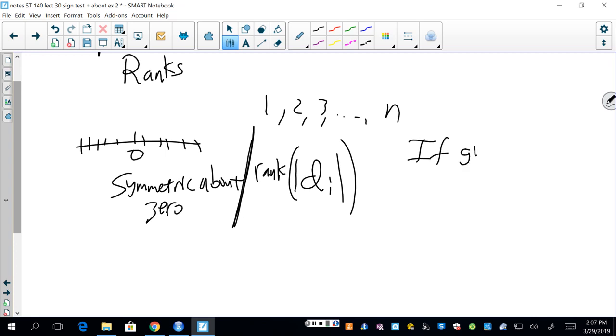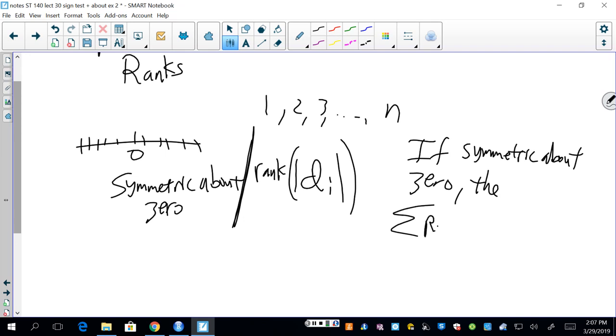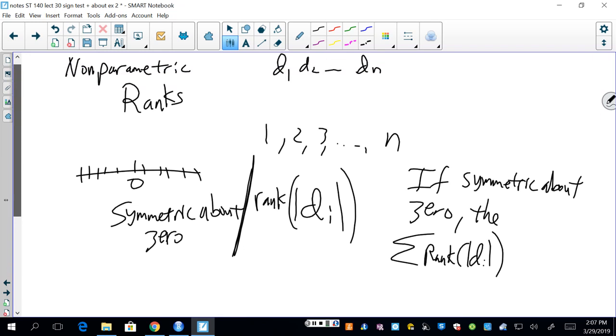If the distribution is symmetric about 0, then the sum of the ranks of the absolute differences should be about the same for the ones that are coming from this side or the ones coming from that side. And so this ranked procedure, we're not going to go into all the details.